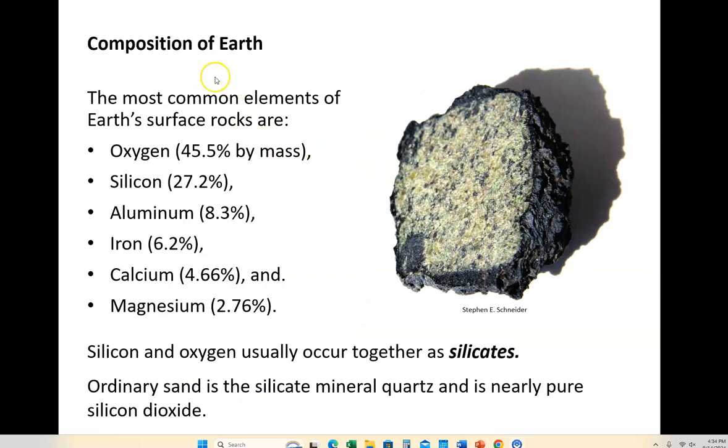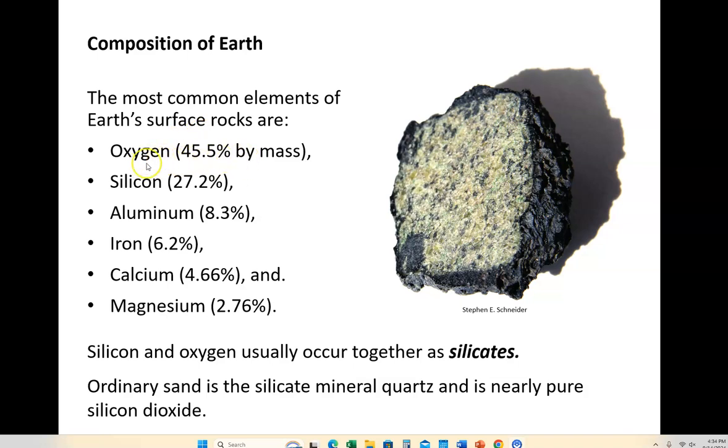Anyhow, so now if we look at the rocks on the Earth, what are the rocks made of that we can find on the periodic table? If we break the rocks down into their elements, that's what makes up the periodic table.